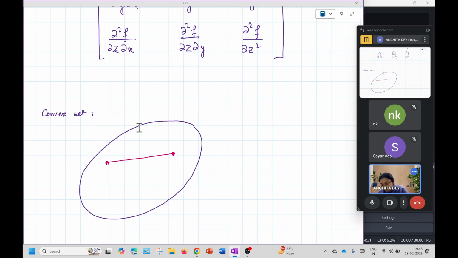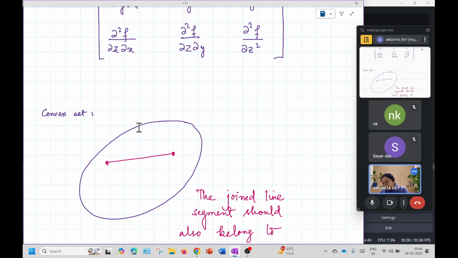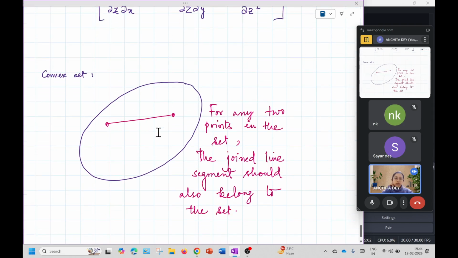So the joined line segment should also belong to the set, for any 2 points in the set.